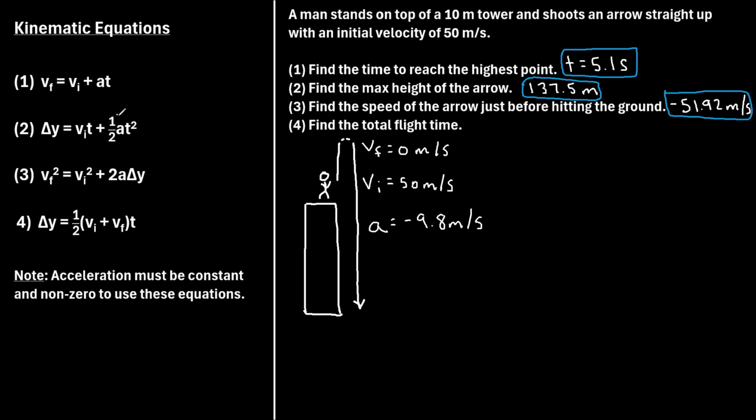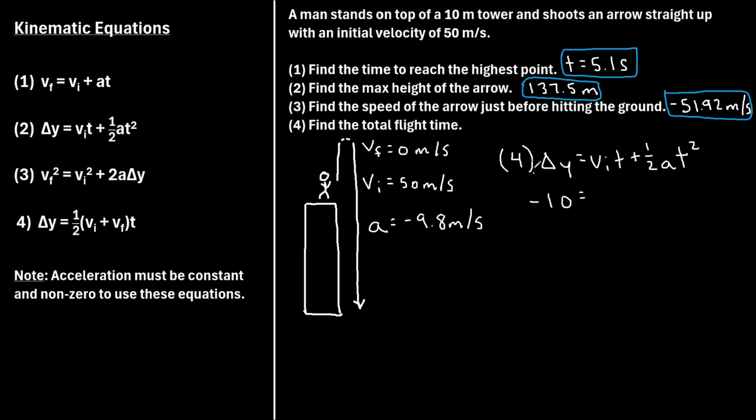To solve this question, there are a few different kinematic equations we could use. Why don't we use equation number 2 right here? For question number 4, we're going to use the displacement of the arrow is equal to the initial velocity times time plus 1/2 times the acceleration times time squared. Let's fill in what we know. Again, the displacement of the arrow is going to be negative 10.